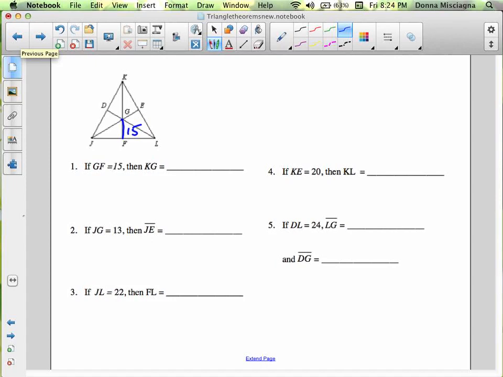All right, so GF is equal to 15. We want KG. Now here's one we haven't done. So we have to think, what's the relationship between GF and KG? I'm going to write that down.